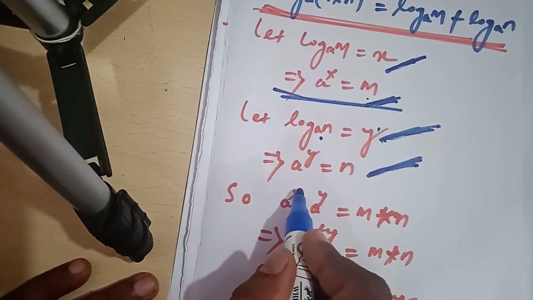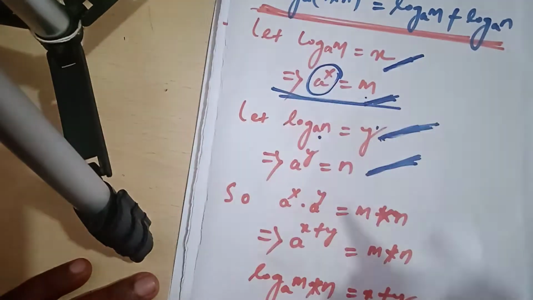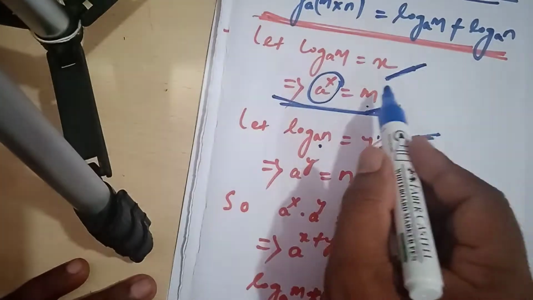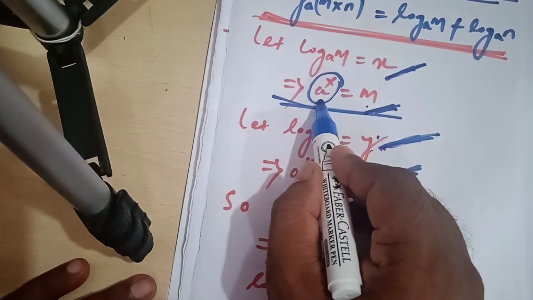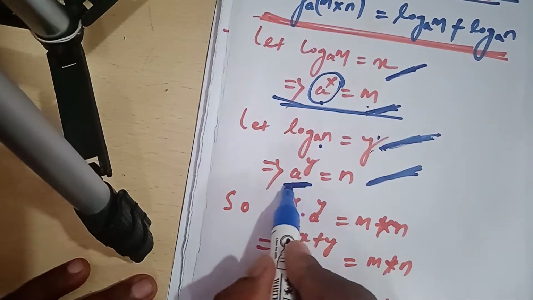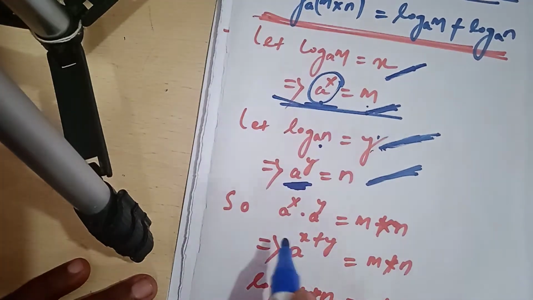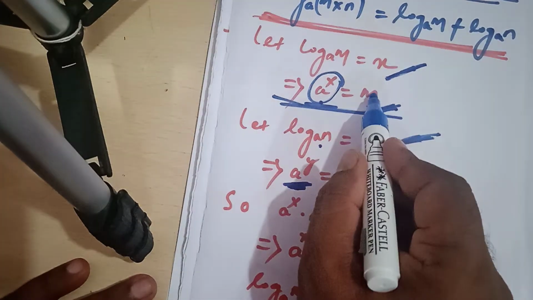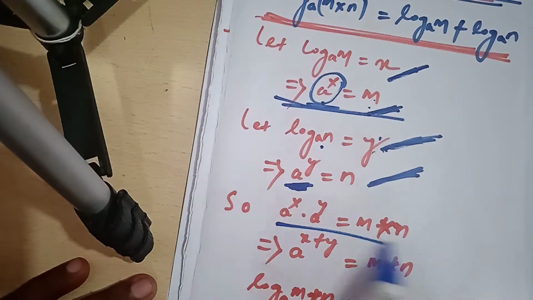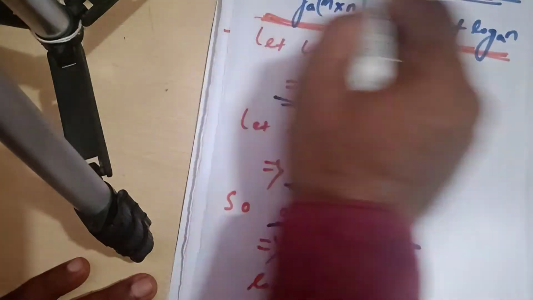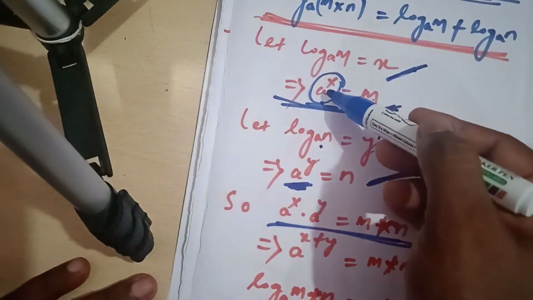a to the power x, as it is multiplication law, a to the power x into a to the power y is equal to m into n. As it is multiplication law, I multiplied.